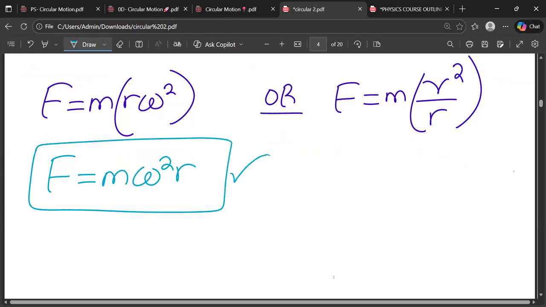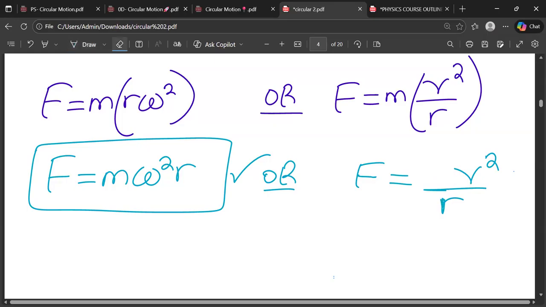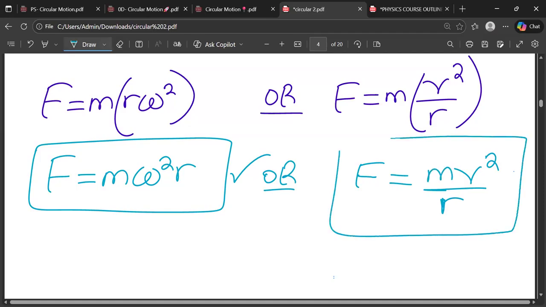So you just know that is centripetal force. When I use any of these as we calculate, I don't want people to ask me a lot of questions. So those two are centripetal force.